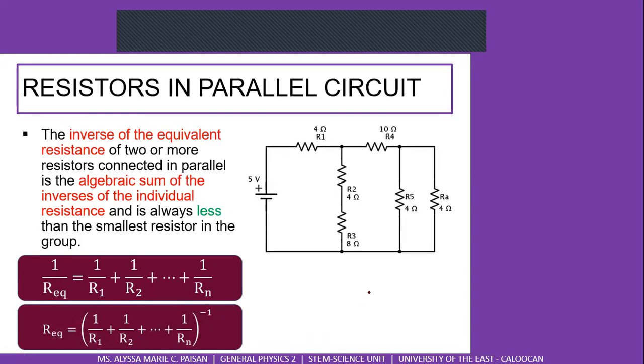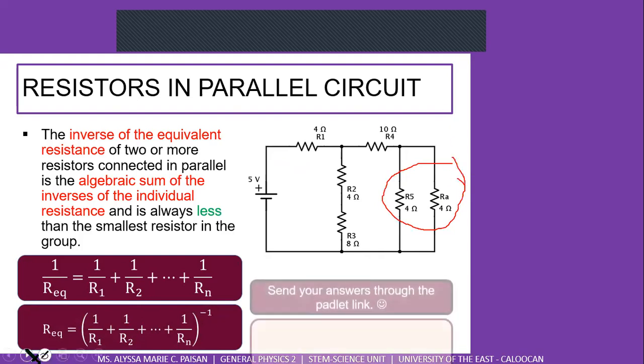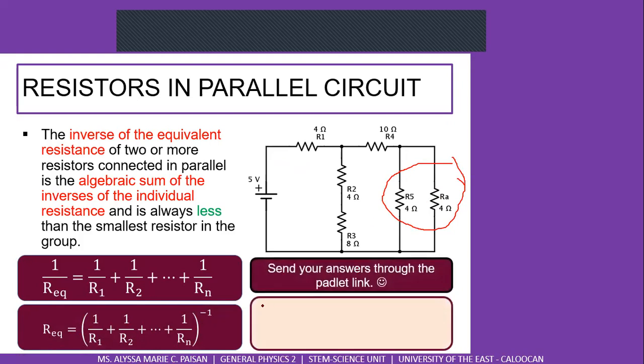So again, let's use our example, R5 and RA. We have to write the equation for that. The equivalent resistance would be named R5A, and it would be equal to parentheses, 1 over R5 plus 1 over RA, raised to negative 1.